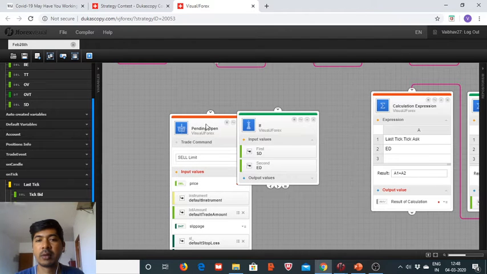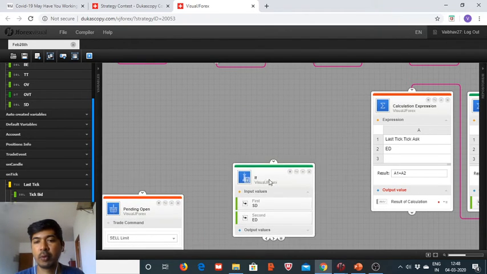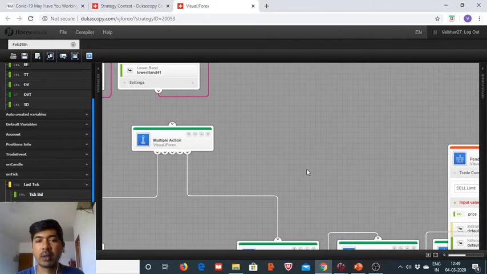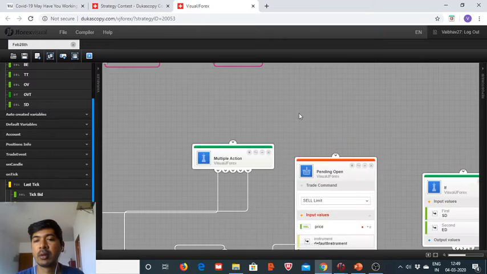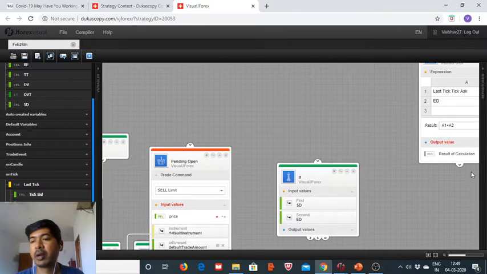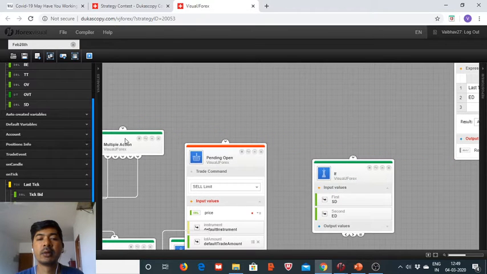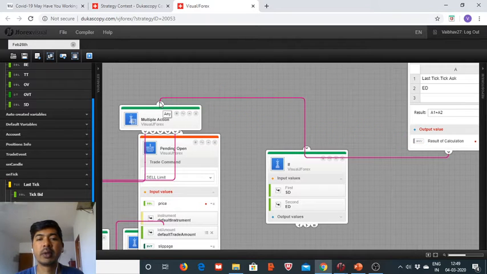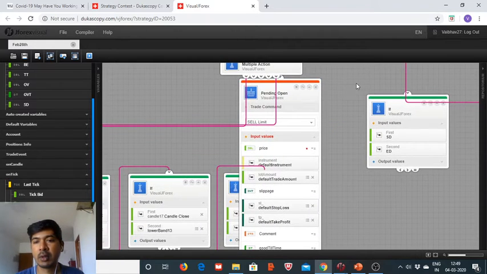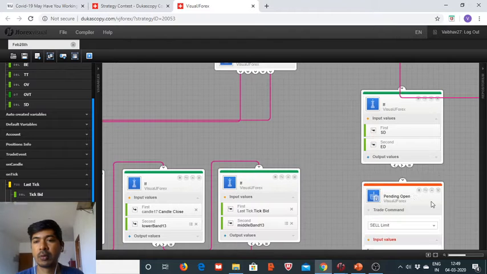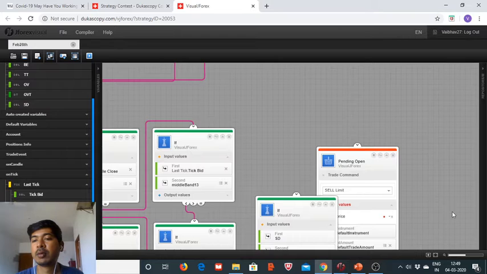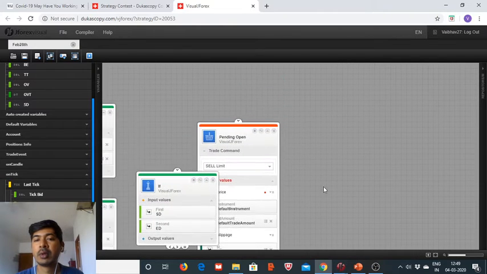And we also have to add min max condition, but for the time being we will connect this to make sure that flow is there. Okay. And now let's go here.